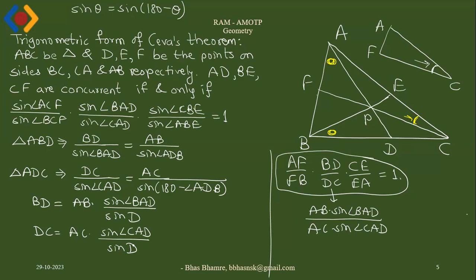Similarly, we can work for getting AF over FB and CE over EA by using the sine rule. Then we put in LHS, and AB, AC, BC can be cancelled out and our desired result will come. I am not interested in writing it all now, but I consider that you understood this. If not, just ask me what your difficulty or doubt is.